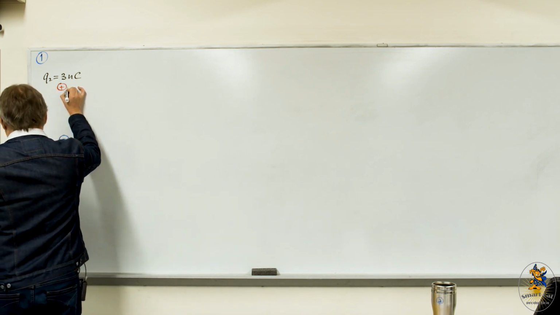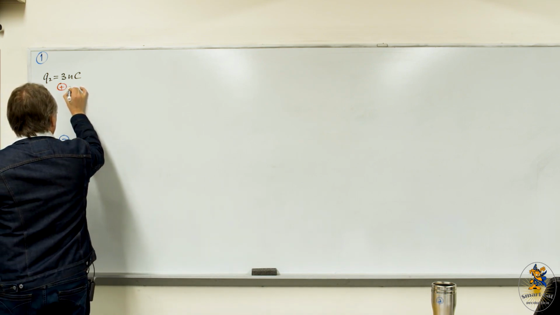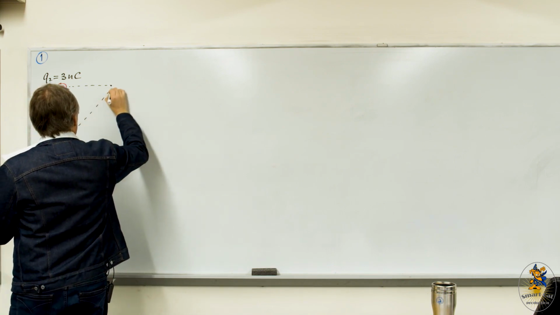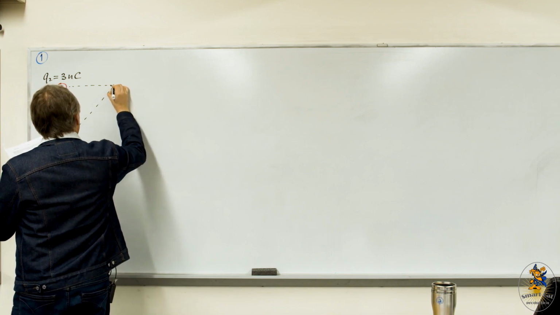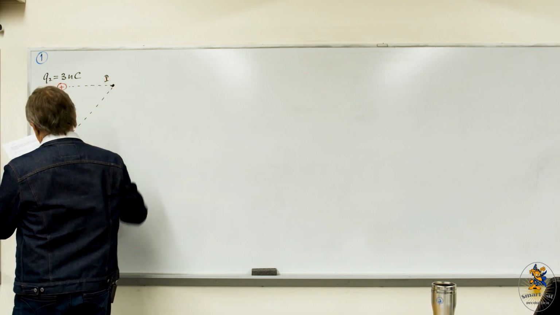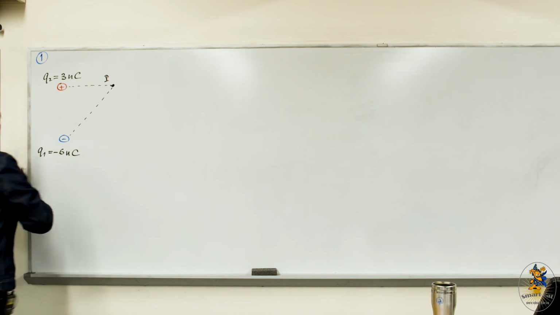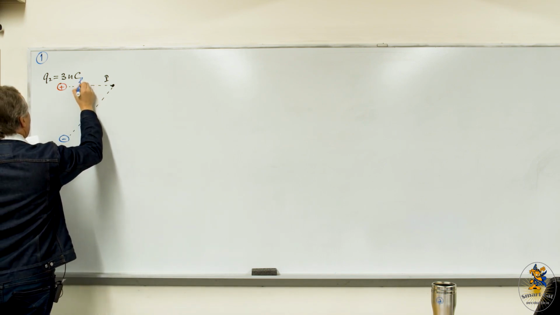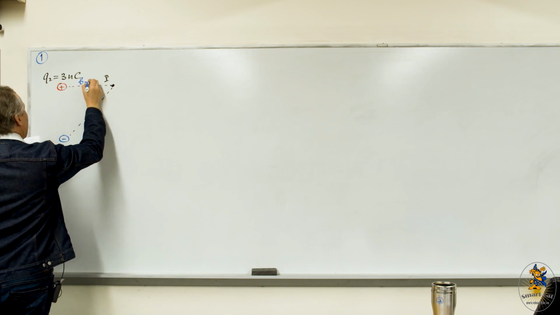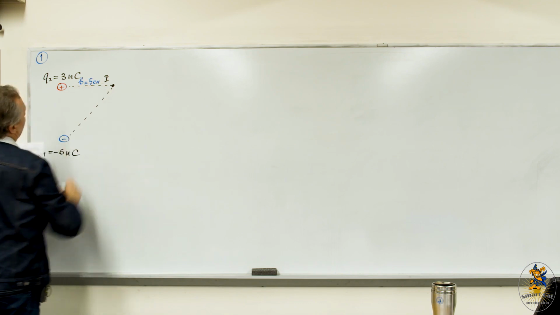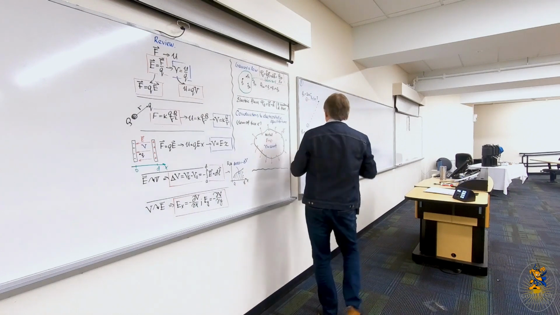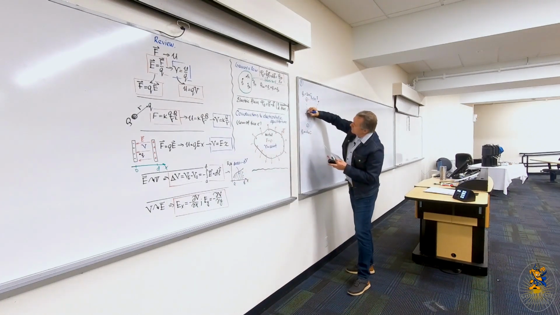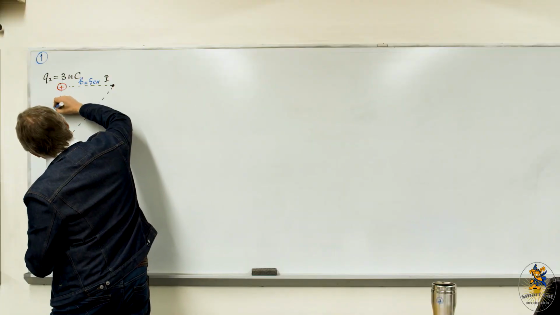So the point, to make our life a little bit easier, will be over here. Let me label this point as point P. So the distances to that point: let's say this is B equals 5 centimeters, and this distance, A, is 10.